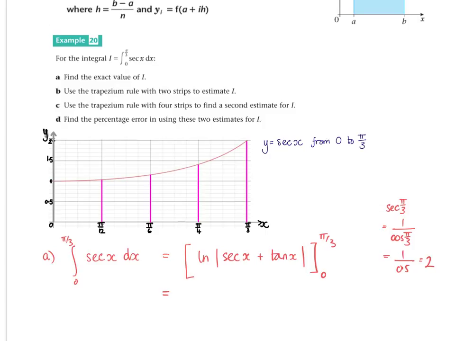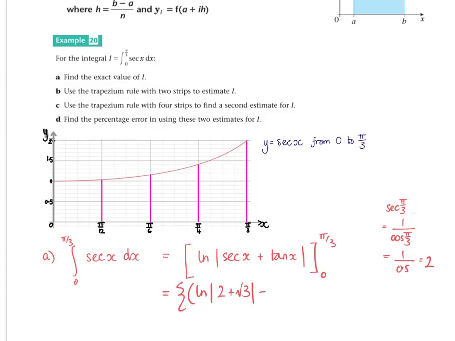And then the tan of pi by 3 is root 3. So for pi by 3, we're going to get ln of 2 plus root 3.